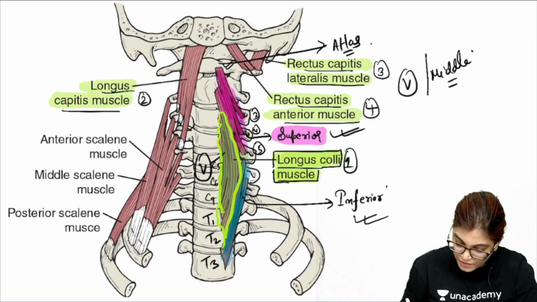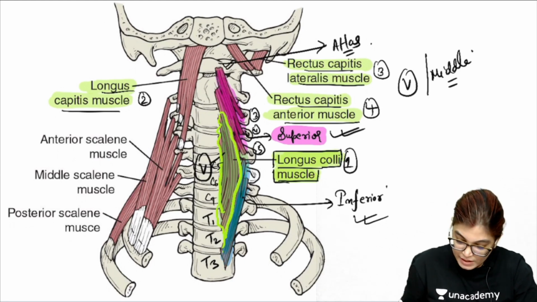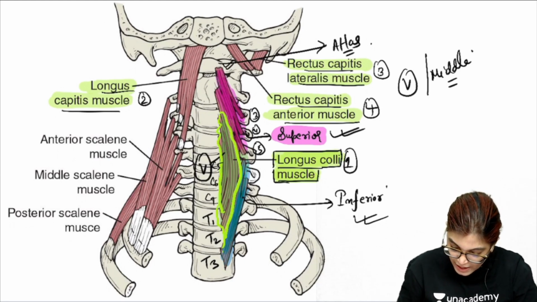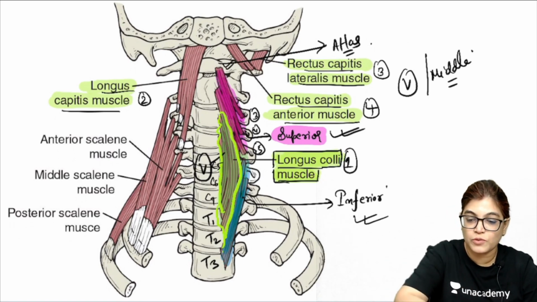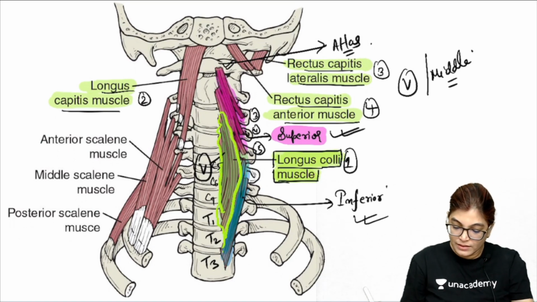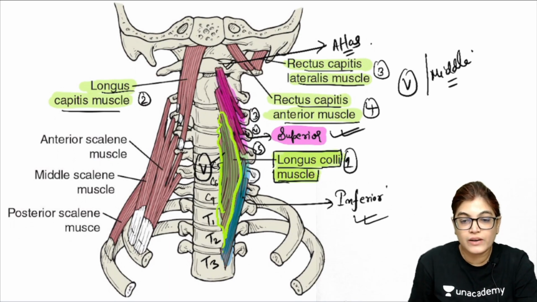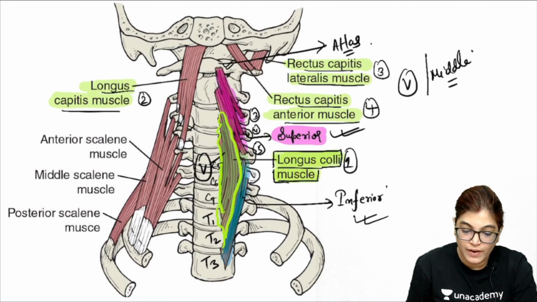From here the fibers go and insert onto the 2nd, 3rd and 4th cervical vertebra.